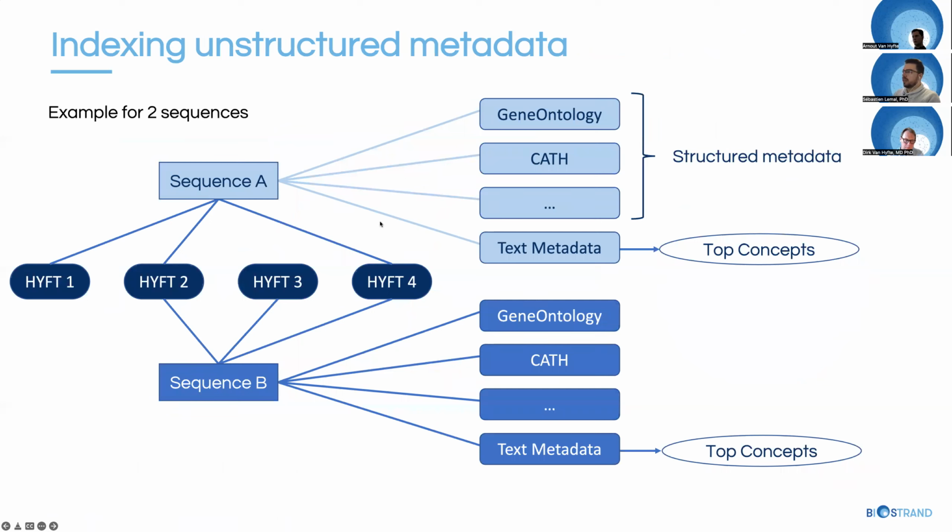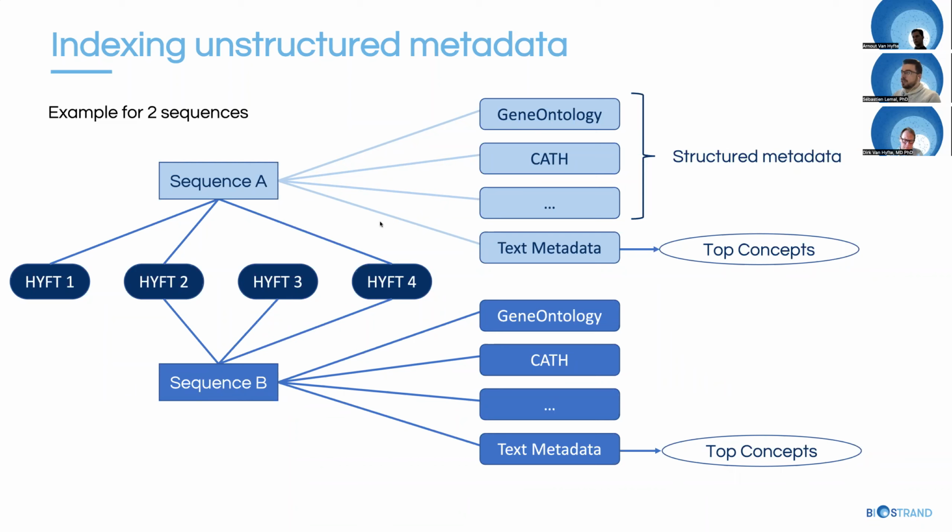So in order to understand a little more how these Hyfte are leveraged to make all these connections, let's first take an example of two sequences. These sequences contain some Hyfte in common, in this case if2 and if4.